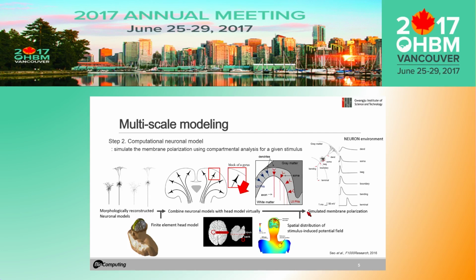Then we calculated the potential field at each center point of the neuronal model using the spatial distribution of the tDCS-induced potential field in the head model. Then, by applying the potential field to the neuronal model by extracellular stimulation, we can simulate the membrane polarization in the neuron.